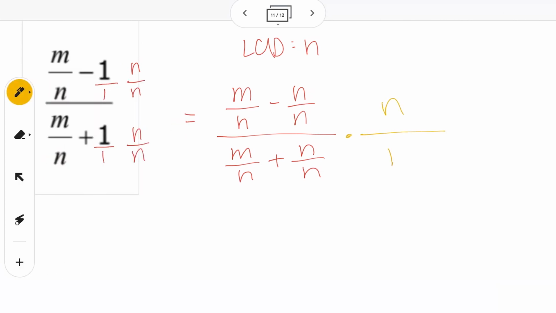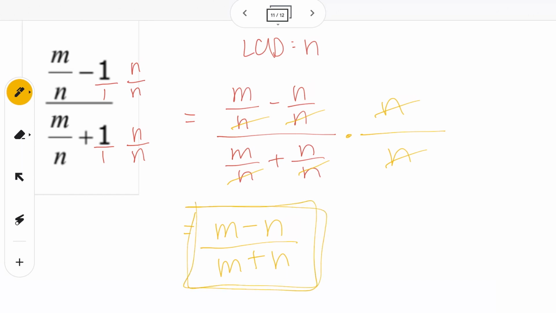And again, now you switch to your big fraction and multiply by n over n, that LCD. It will distribute, so it will cancel everything. And we get m minus n over m plus n. While ugly, this doesn't simplify, so that is my final answer.